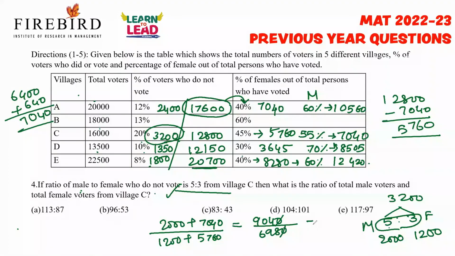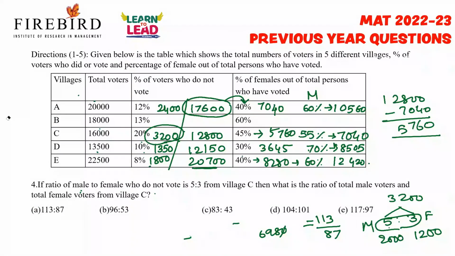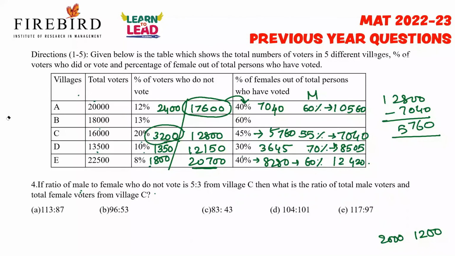If you take this ratio, you'll get 113 by 87 as your answer. So you should read the question very carefully to know the correct concept. It will confuse you in these kinds of data interpretation questions.